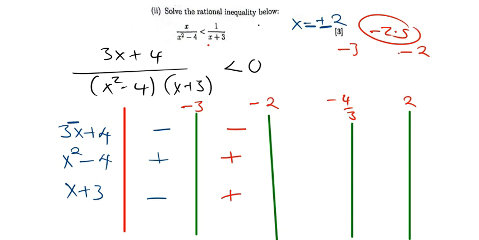Think of a number between negative 2 and negative 4 over 3. For you to understand, divide negative 4 by 3, that would be negative 1, carry 1 over 3. So actually, that becomes even more interesting, because if we've got negative 2, and then we've got negative 1, 1 over 3, what number can we think of?